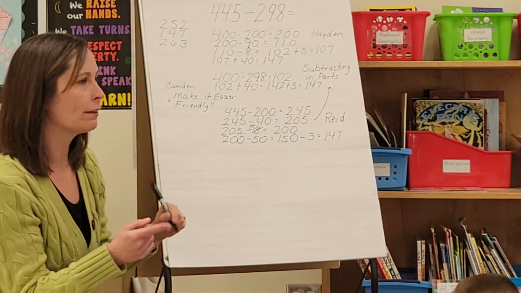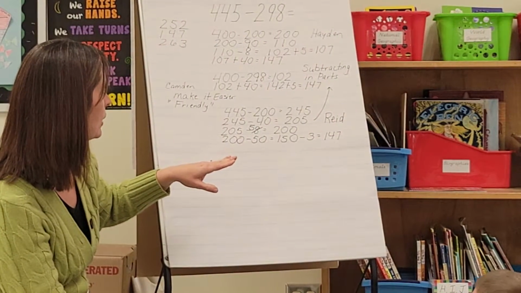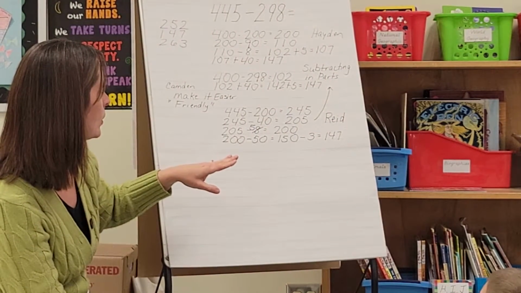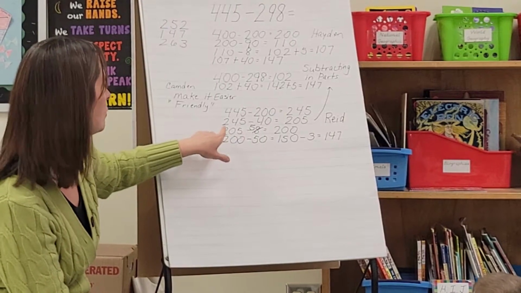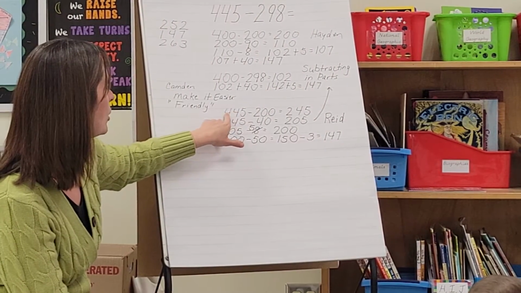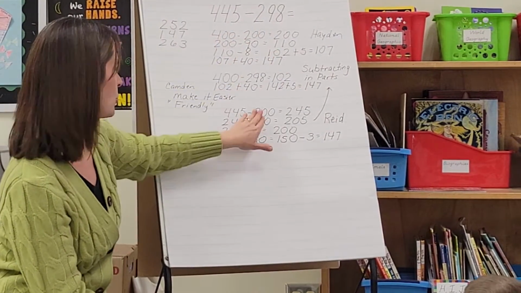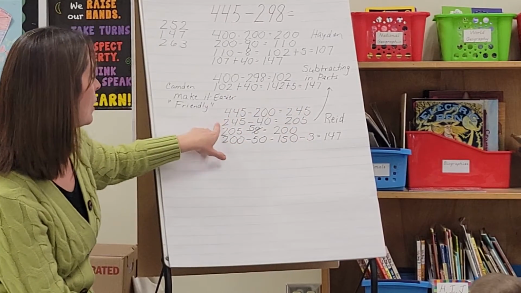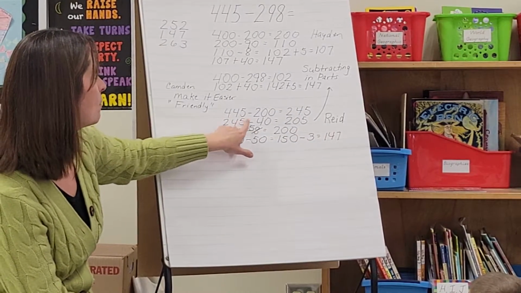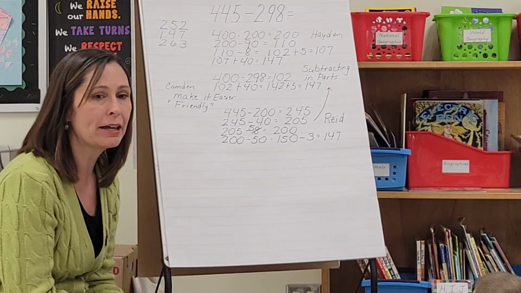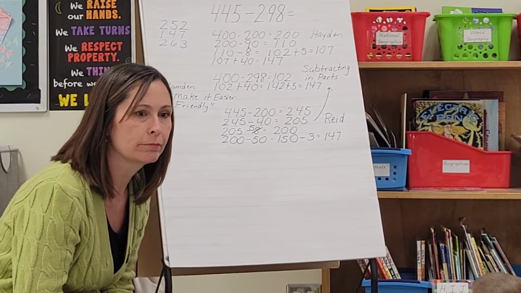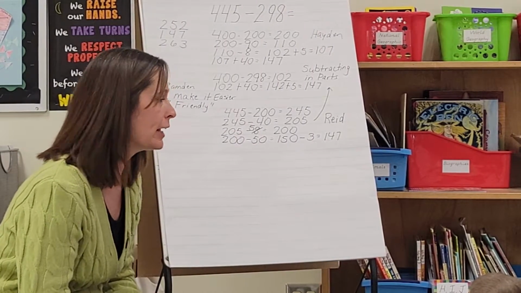So what I like about this too is that she had 445 and she took away the 200, right, and got 245. 245 minus 90, that may have been hard for some of you to subtract, right, Camden?